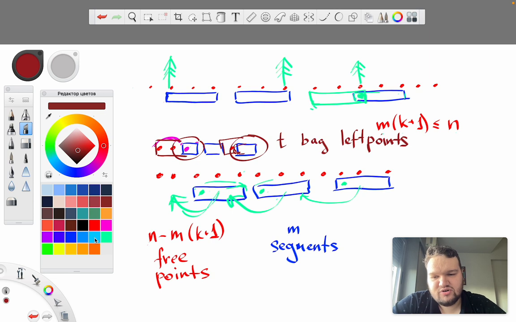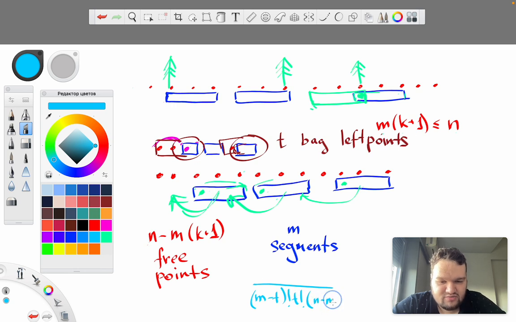So the number will be a multinomial coefficient, which is m minus t factorial and this monstrosity n minus m times k plus 1 minus t times k factorial, and the sum of all of that factorial.